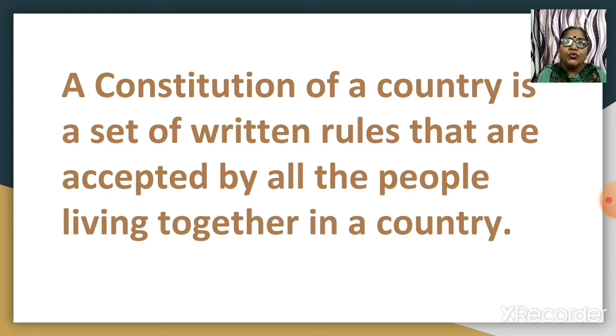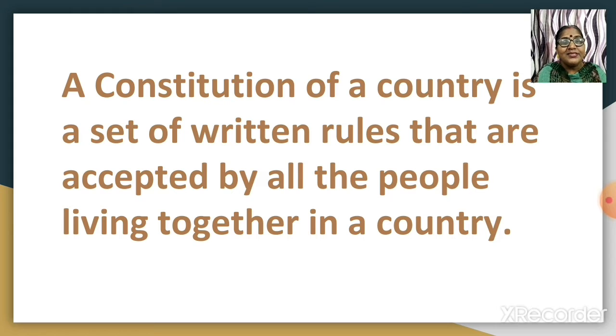A constitution is a set of written rules that are accepted by all the people living together in a country. And who are these people who are living together in a country?